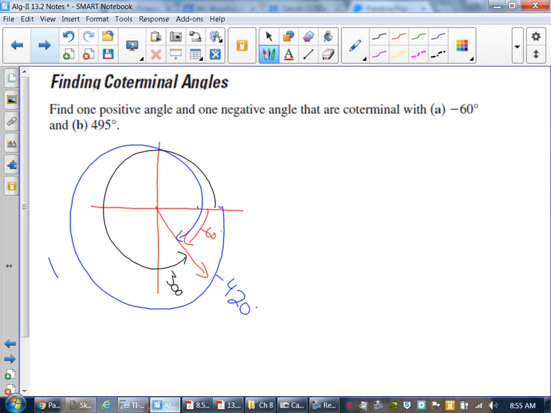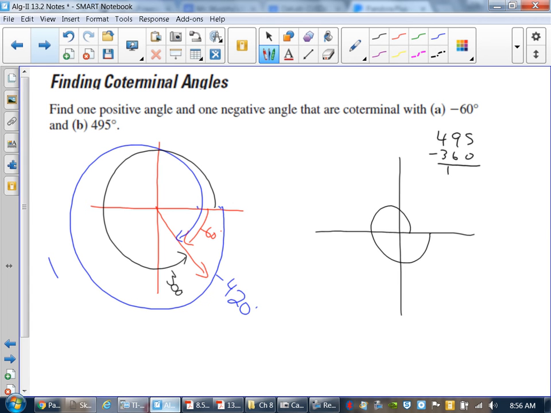Let me show you. 495. 495 is beyond 360 degrees. Are we okay with that? 495 would start you at 0. You'd spin all the way around 360, and then you'd have how many degrees left to get to 495? Well, here's 360, and then I'd have to go to get to 495.